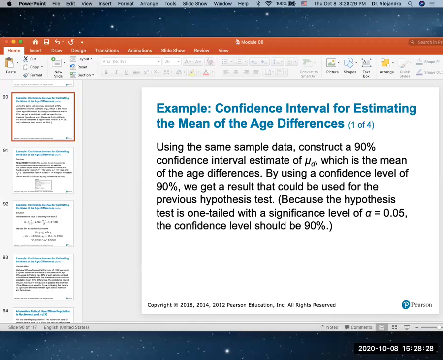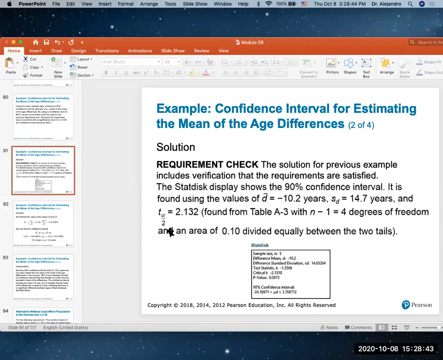Now we're going to use the same sample data to construct a 90% confidence interval estimate of mu d. Now, keep in mind that alpha is 0.05, but 0.05 is only on one tail. Now, if you use technology, this is going to be given, okay?